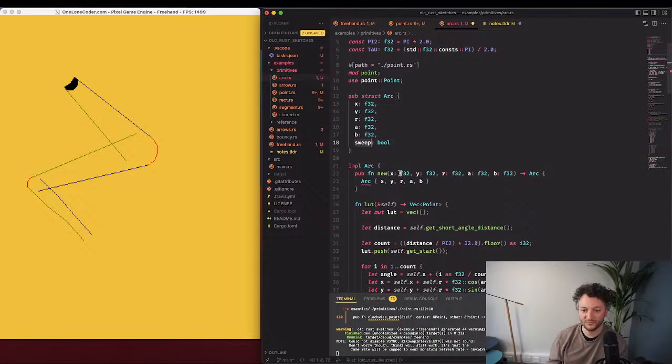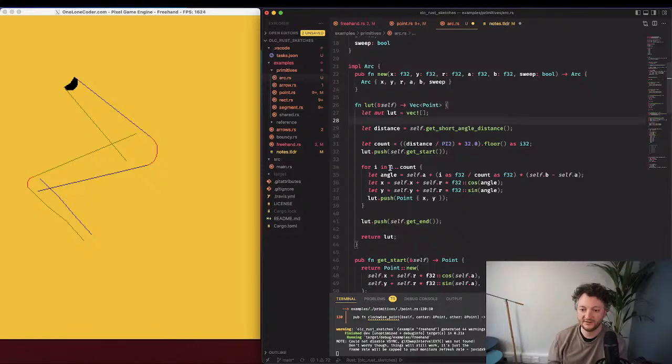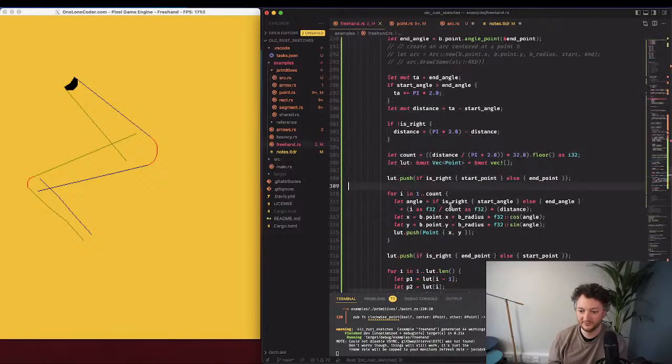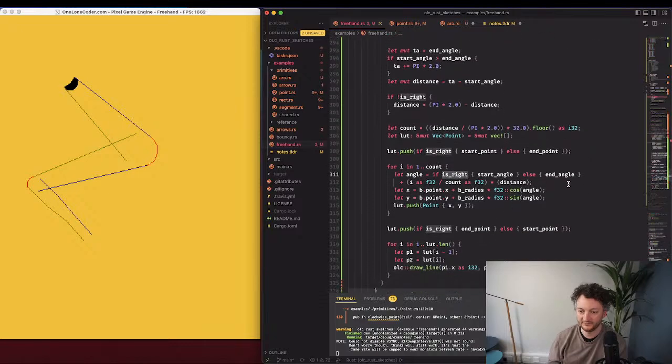That's one of its parameters. And then based on the sweep, do this.